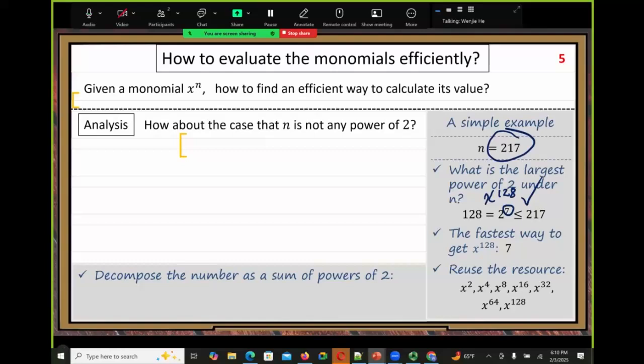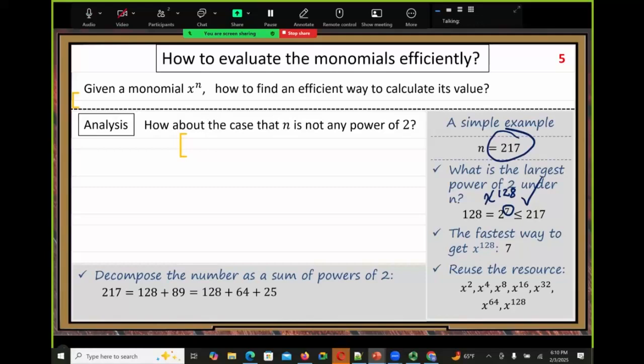First, let's take out 128, so we have 89 remaining.